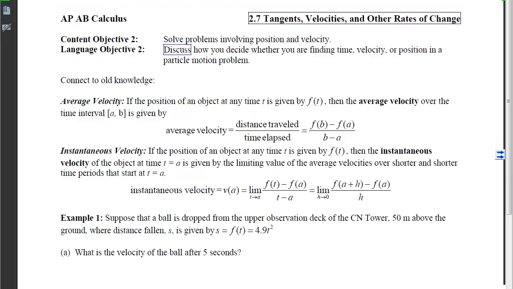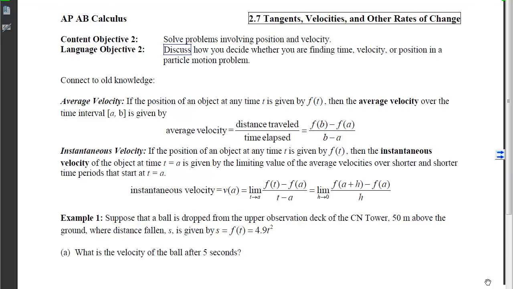And before we can do any examples, I want to remind you of what we did in section 2.1 that involved average velocity and instantaneous velocity. Remember that average velocity was a synonym for a secant slope on the position curve, whereas an instantaneous velocity was a synonym for a tangent slope on a position curve.